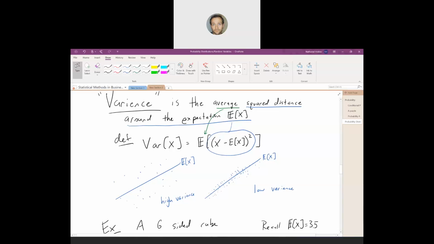The squaring does a couple of things. First of all, it gets rid of any negatives, so this will always be a positive number. And also it kind of blows things up. It makes things bigger. So if you look at this point here, I think I should draw.